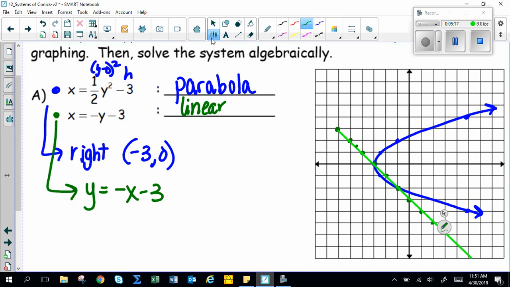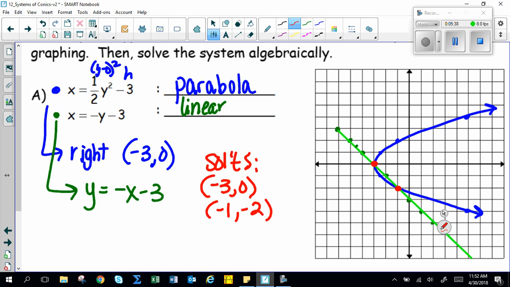All right, so it looks like I have a point of intersection right here and a point of intersection right there. So when we write our solutions, we're going to write them as ordered pairs. So I have one ordered pair at -3, 0, and I have another ordered pair at -1, -2. So these are pretty straightforward.